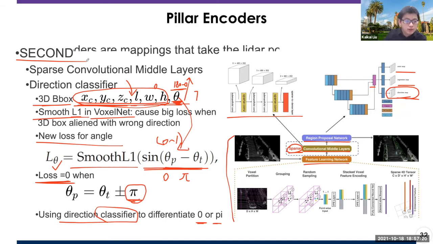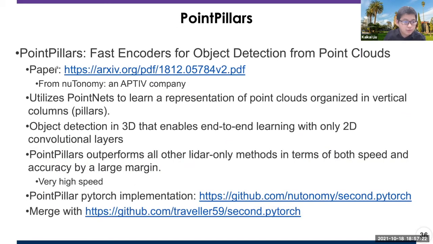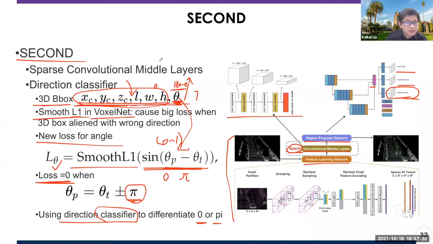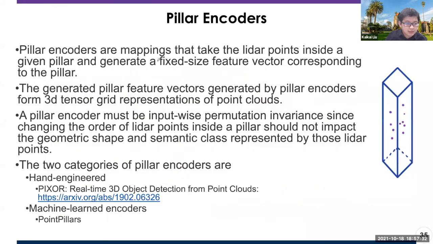Okay, then we can talk about another work. Now, another work is a simplified VoxelNet, or what we can see as a simplified SECOND.